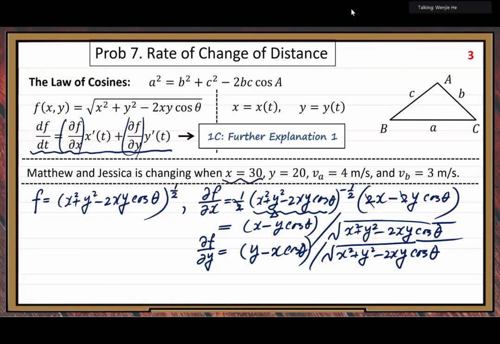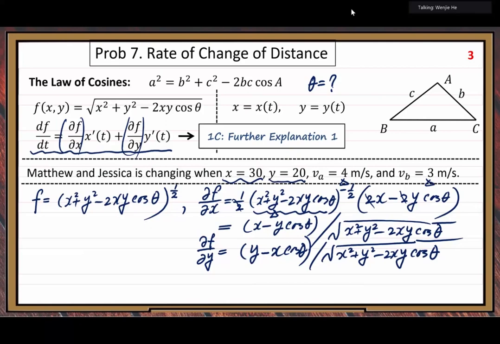x is 30 meters, y is 20 meters, the velocities at a certain point are 4 and 3. But there is one potential problem. What is this theta? Because the value of theta matters here.